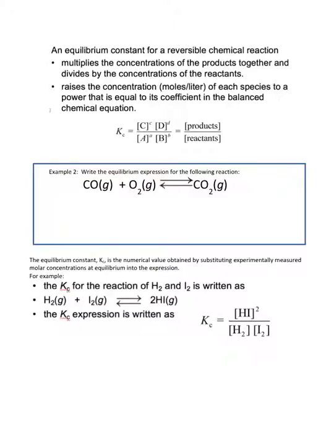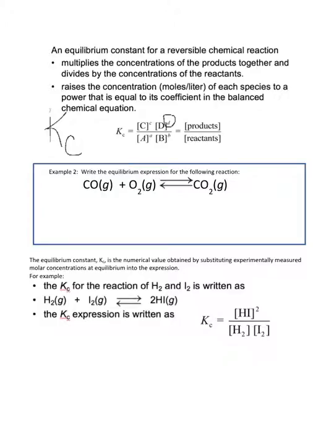So how do we determine a numerical value for this? We have something that we call the equilibrium constant. The equilibrium constant is given the symbol Kc. Now, Kc is equal to the concentration of the products raised to the power of their coefficient.